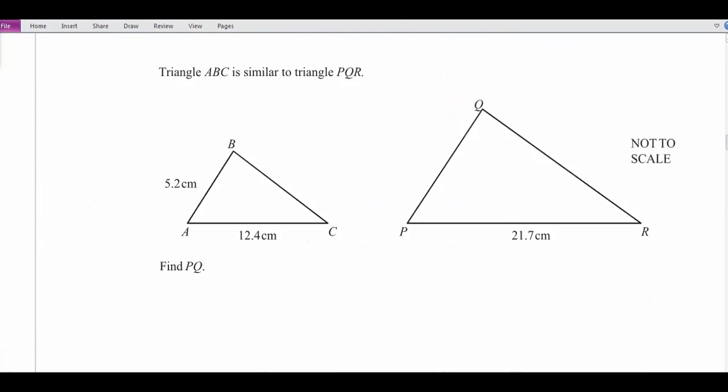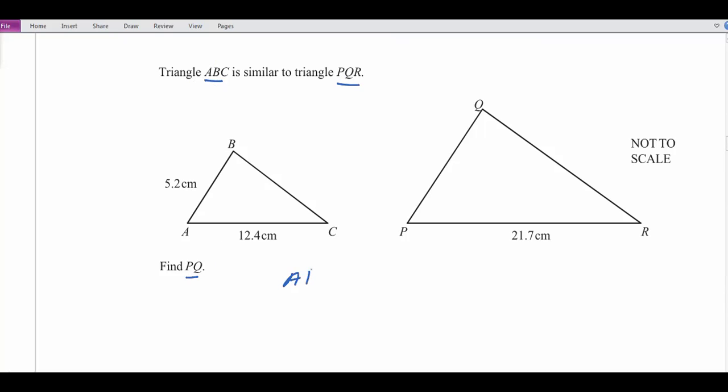Okay. Next, triangle ABC is similar to triangle PQR. I mean ABC and PQR are similar. Find PQ. Now if they are similar, what result will hold?